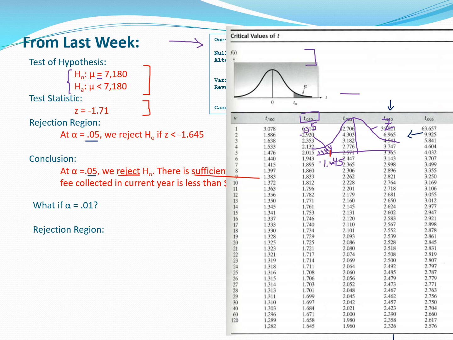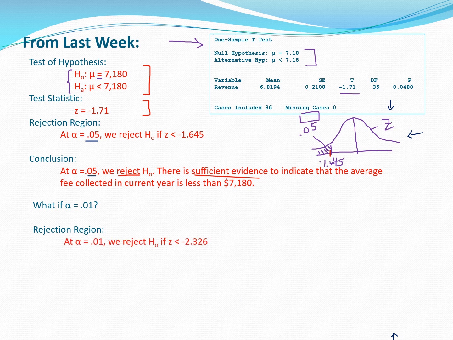Now that critical value, that cutoff point, changes to 2.326. And so the picture changes. The 1.645 value that we see here moves out. And notice what happened in this case: it moved out beyond the test statistic.